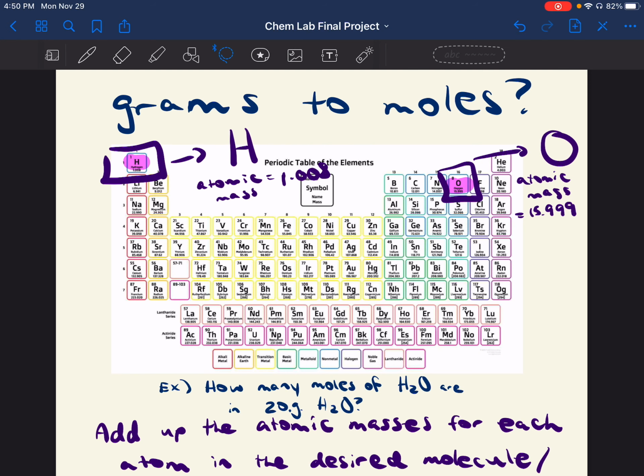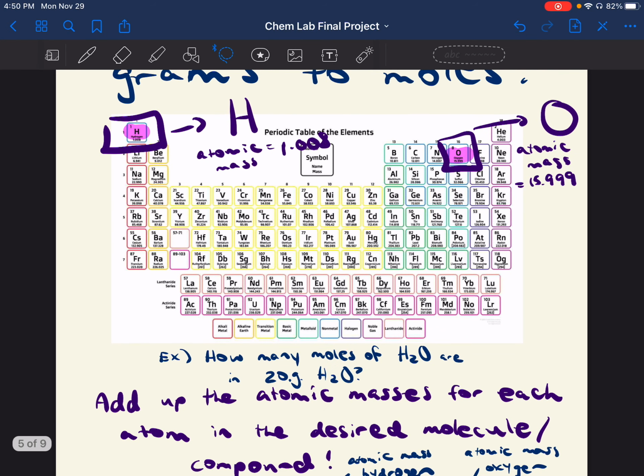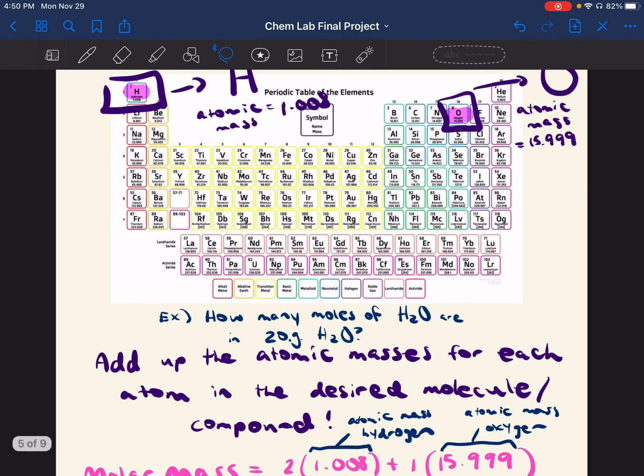So in H2O, there are 2 hydrogen atoms and 1 oxygen atom. So you're going to add up 2 times the atomic mass of the hydrogen atom plus 1 times the mass of the oxygen atom.